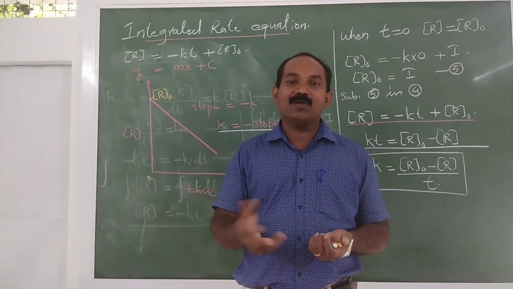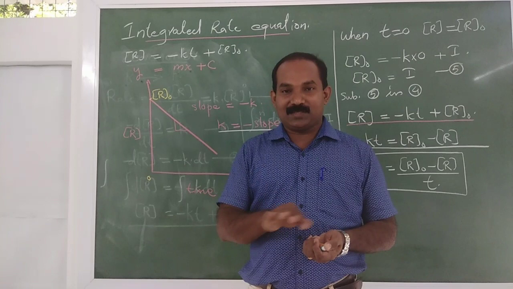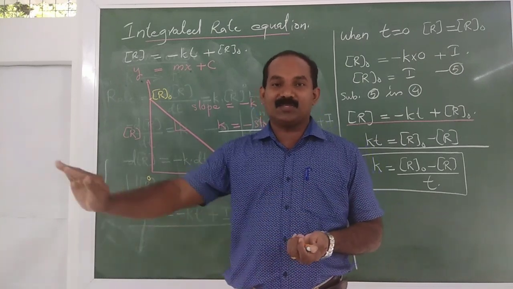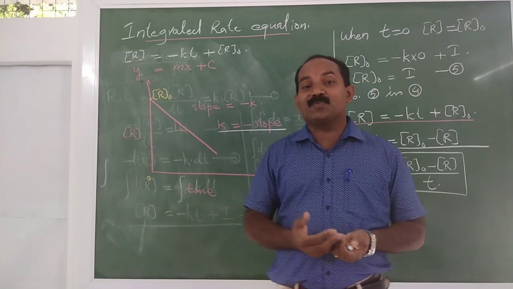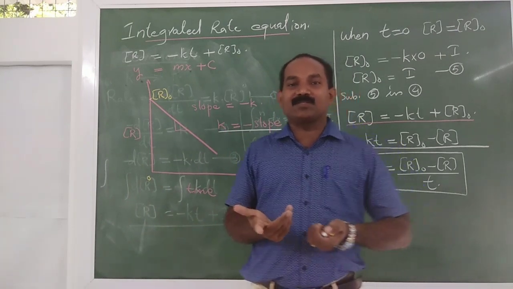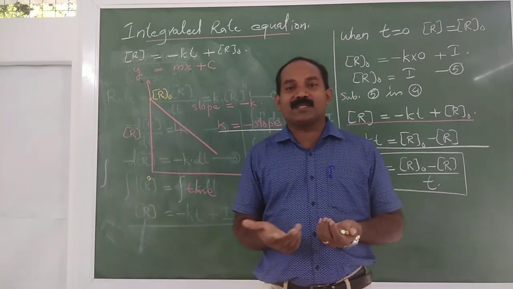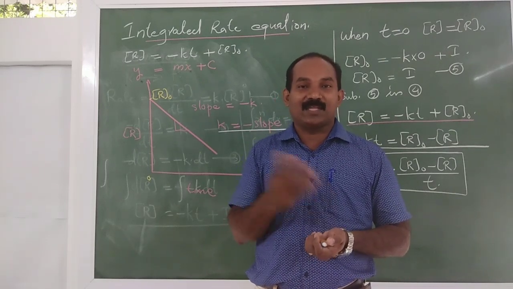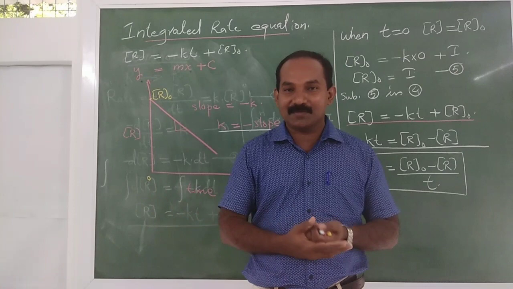After the complete adsorption, the change in the pressure or the change in the concentration of the reactants does not affect the rate of the reaction. That's why we can say that it is zero order.